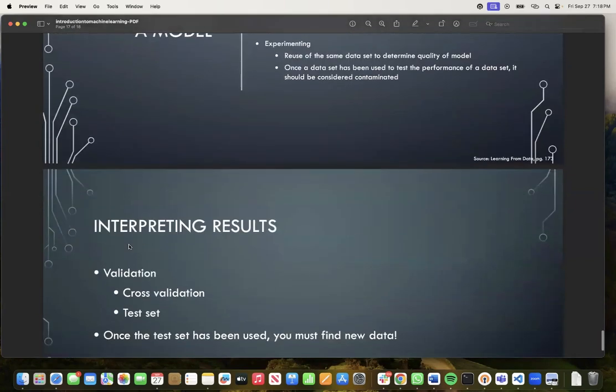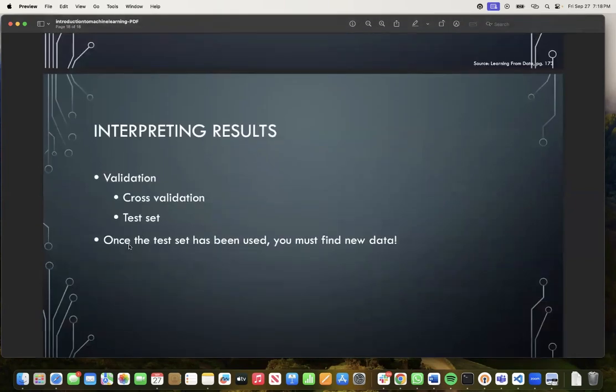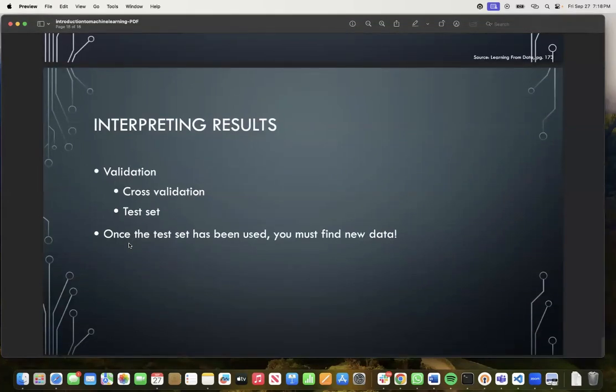All right, then. Also important: interpreting the results. Okay, this should be the last in this case. We are at 7. So I'll show you a notebook that is very interesting. Once you are done validating your data, you go through the cross-validation, you do your test, and then you make sure that you get everything right.